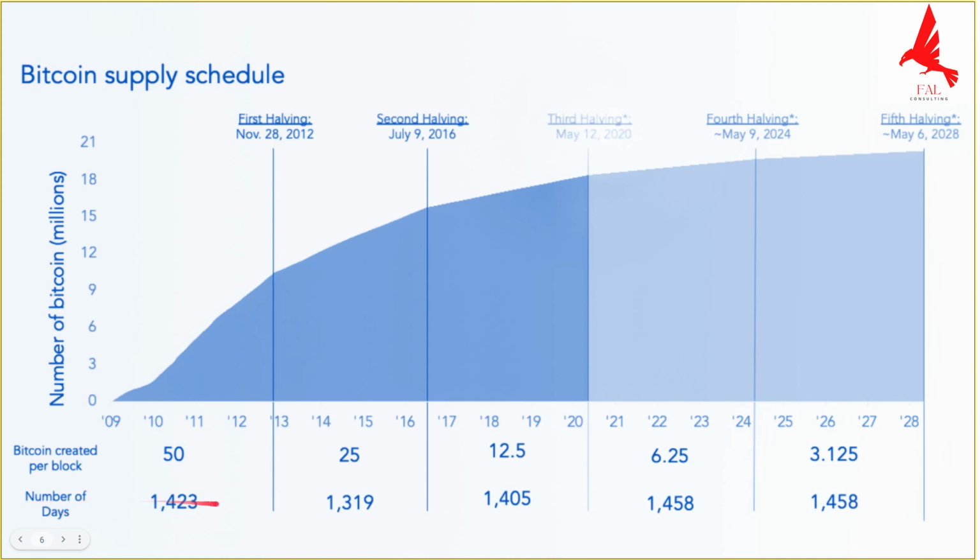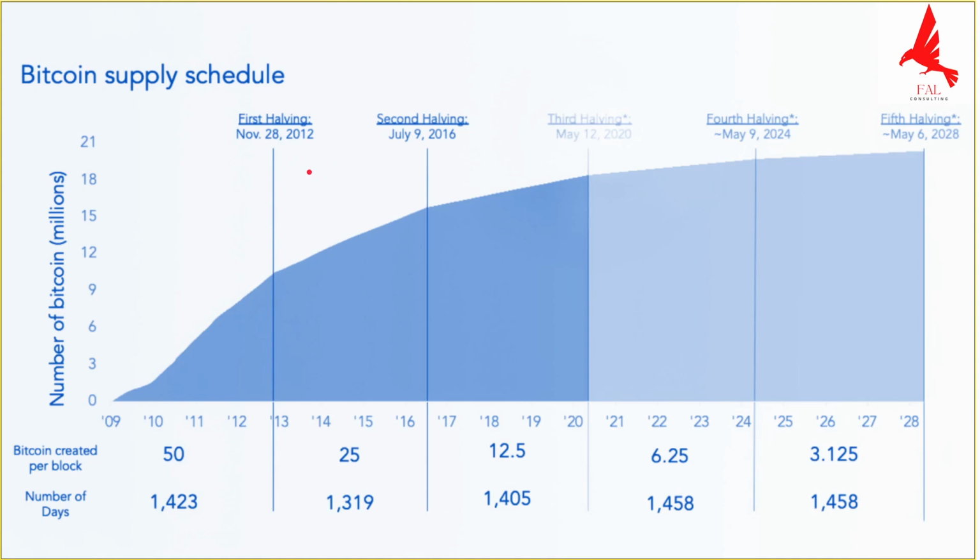Now, while the number of days in between these different halving cycles may differ, the main thing to look at is that after every 210,000 blocks added to the blockchain, a halving event will occur.